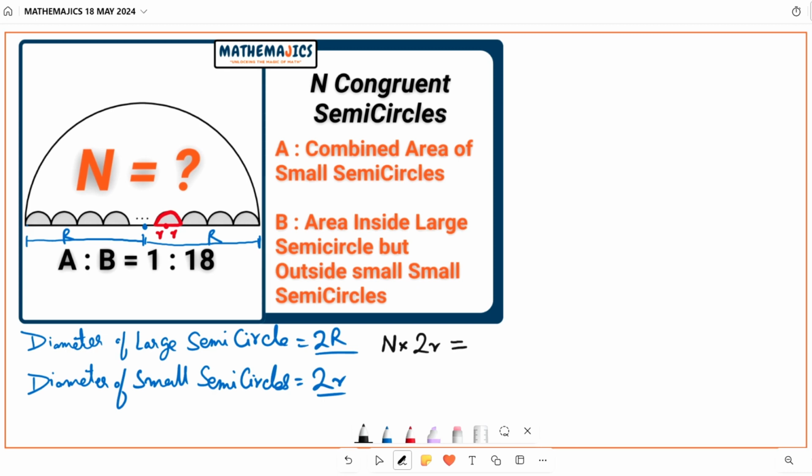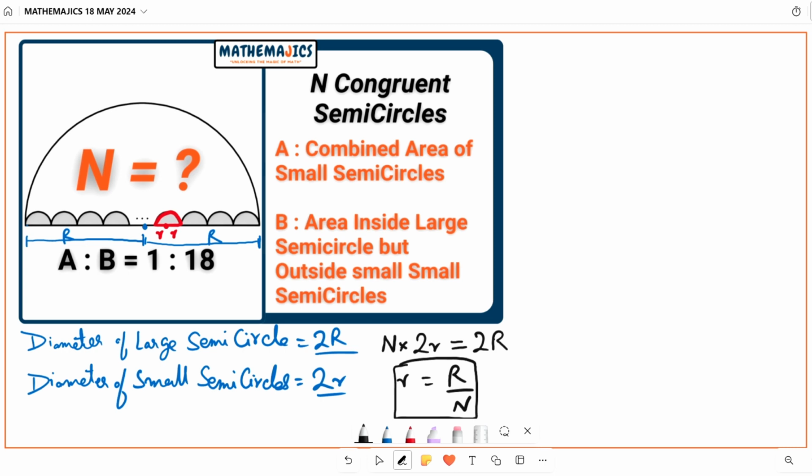This will equal 2R, because this is the diameter of the large semicircle. So r will turn out to be R upon n. Please keep this in mind. We will be using this later on.